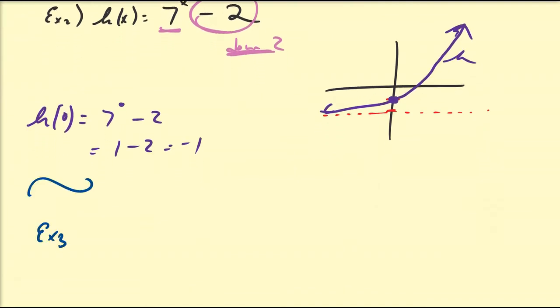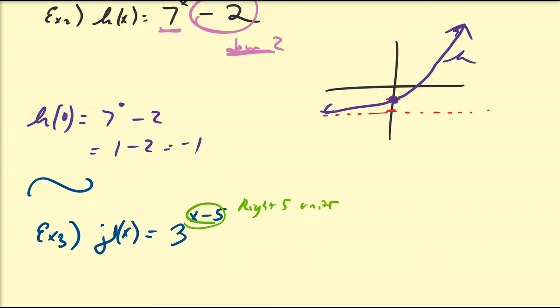So example 3. Suppose I have j of x is equal to 3 to the power of x minus 5. Now, what does it mean when I apply a transformation directly to the independent variable? You should remember that this is a horizontal shift, namely to the right 5 units.